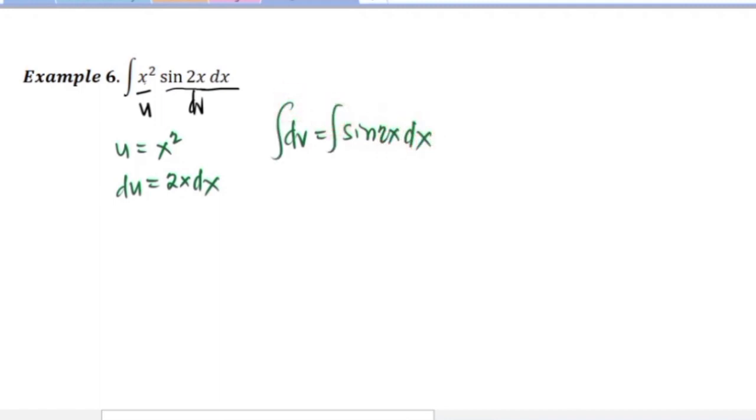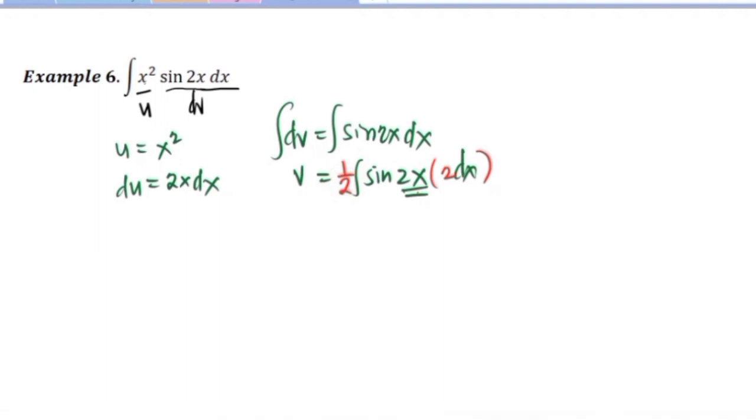Taking the integral of this, we have v is equal to, so, kung maalala natin, dun sa may trigonometric, we have to multiply this with the derivative of the angle. So, that's 2 dx. So, magmamultiply tayo ng 2 and reciprocal dito sa labas.